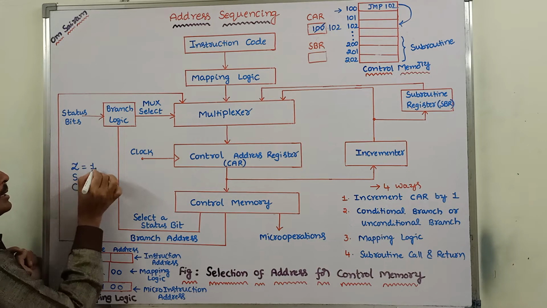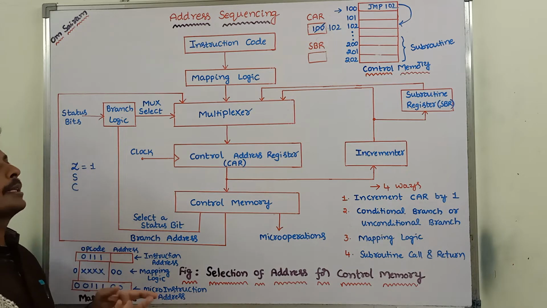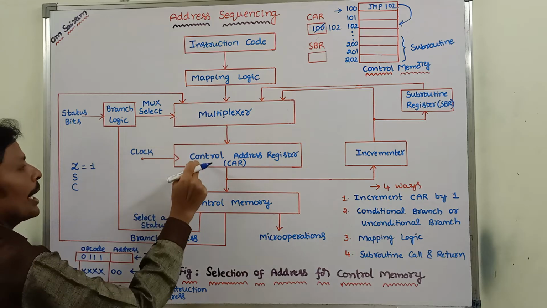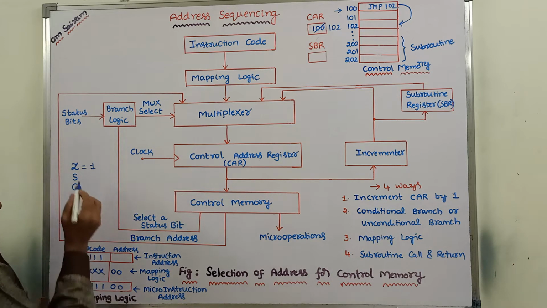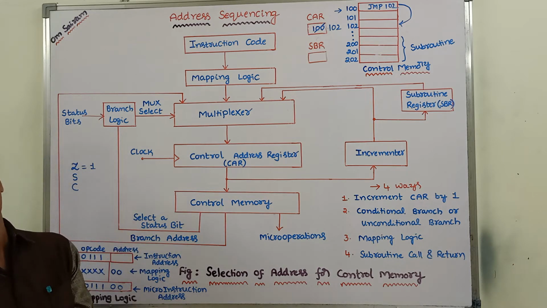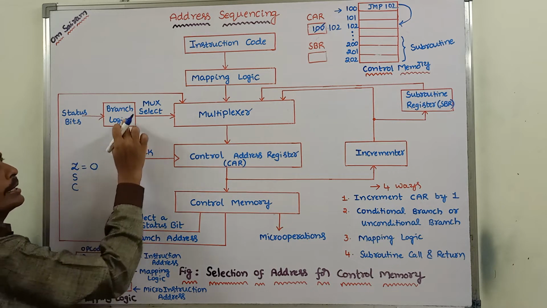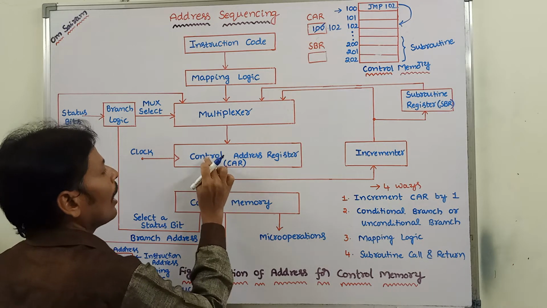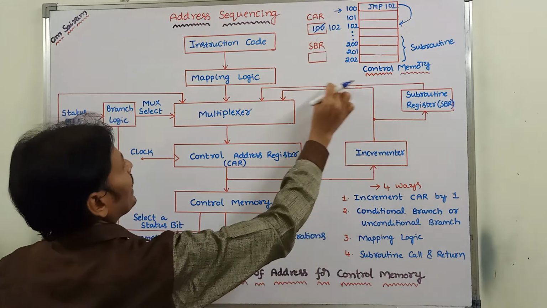Whenever this status bit value is set as 1, then the corresponding branch address is loaded into the control address register. If the accumulator does not contain 0, then the Z value is set as 0. At that time, simply we have to increment the content of the control address register by 1 to get the next micro instruction address.